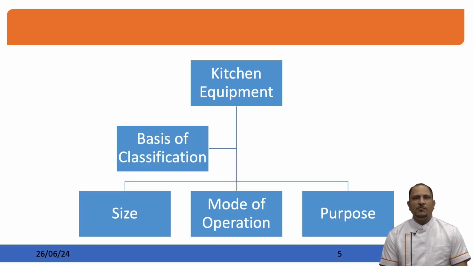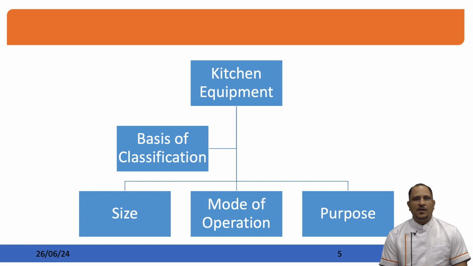We have to keep in mind that kitchen equipment is one of the expensive items available in the kitchen, and it is the main basis for the entire operation of the kitchen. So while planning for a kitchen, specifically a commercial kitchen, one should keep in mind the type of equipment that is required.